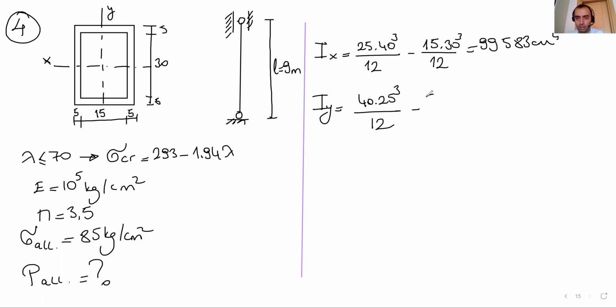This one. Yes. Please calculate these Ix and Iy by yourself, with your calculator. Do it as a practice. Okay. Area.